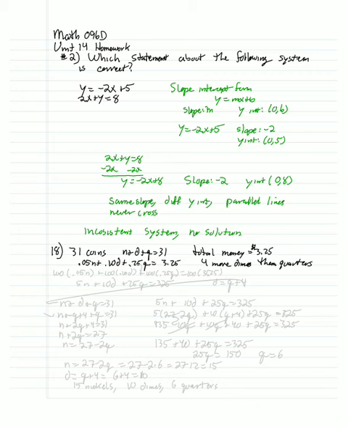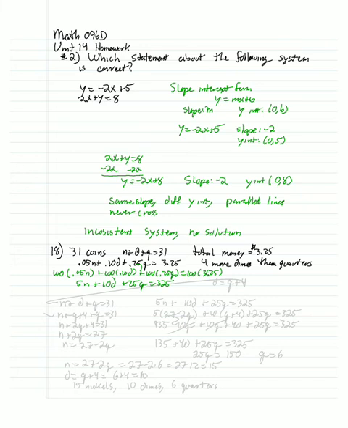I think it's easier to see this one if I multiply everything by 100. So 100 times 0.05 N plus 100 times 0.10 D plus 100 times 0.25 Q equals 100 times 3.25. So that's 5N plus 10D plus 25Q equals 325.